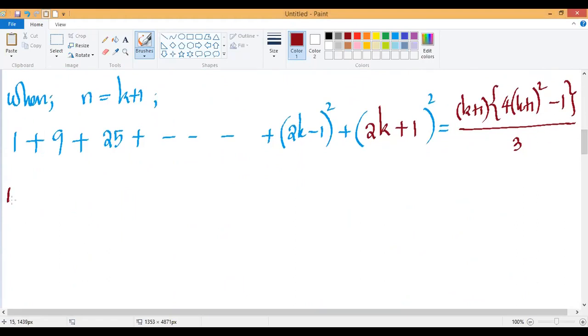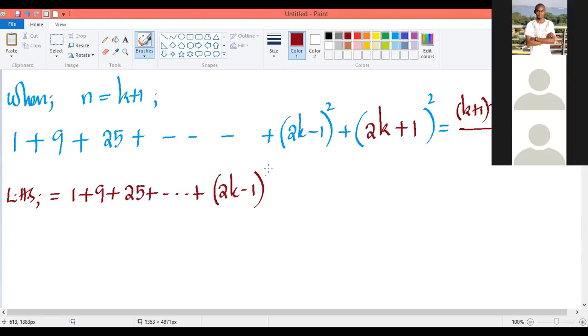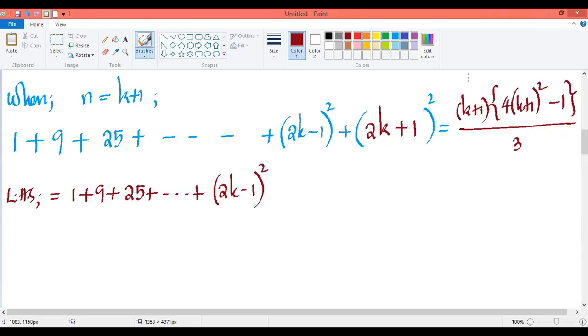From here, again, we have to choose the left-hand side. What is the left-hand side communicating? It's 1 plus 9 plus 225 plus ... 2k minus 1 all squared plus 2k plus 1 all squared as well.